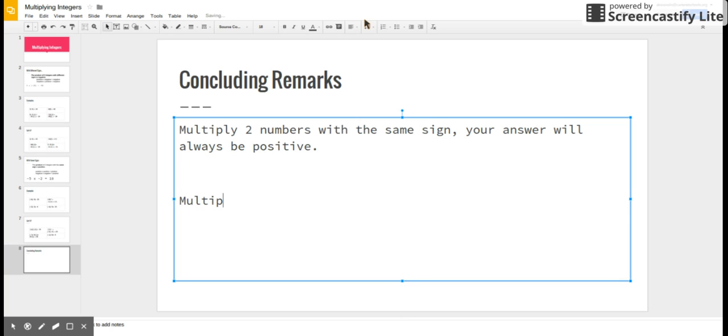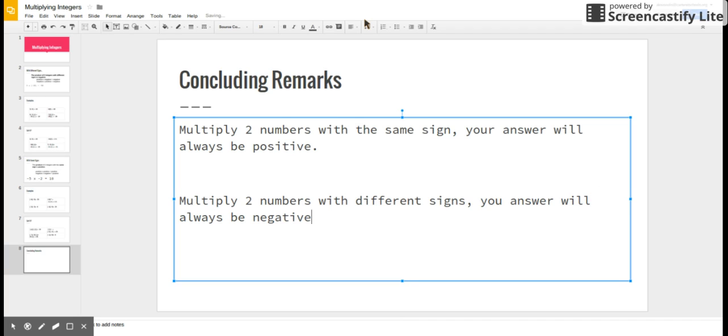When you multiply two numbers with different signs, your answer will always be negative.